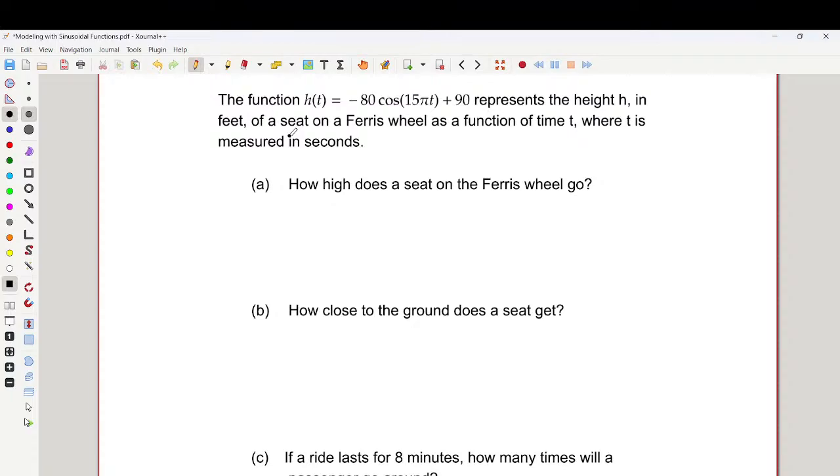So here's a function h of t, which gives the height of a seat on a Ferris wheel. The height is recorded in feet. And the input is a unit of time, specifically seconds.